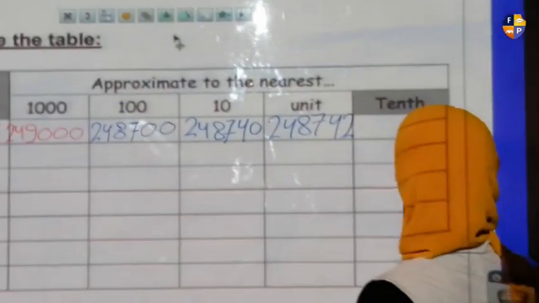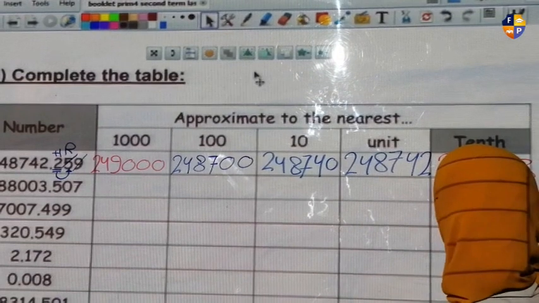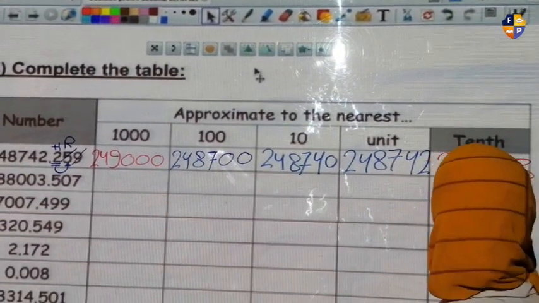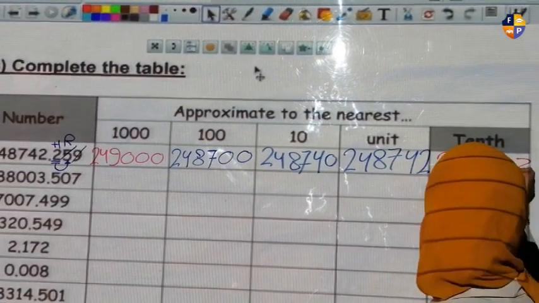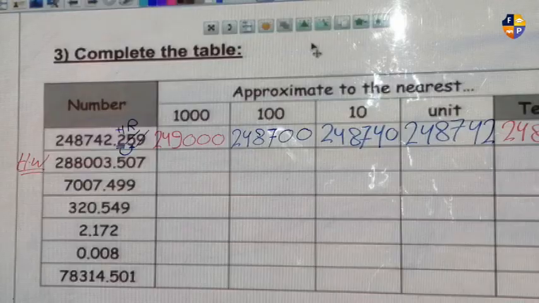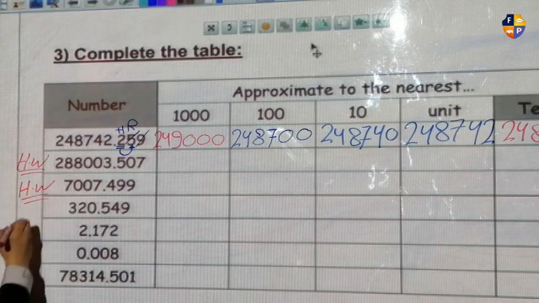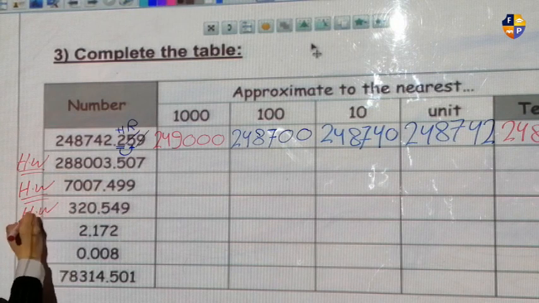Then write the decimal point and keep the whole number as it is. Okay. Second one is homework. Third one, homework. Okay, and this one is homework.